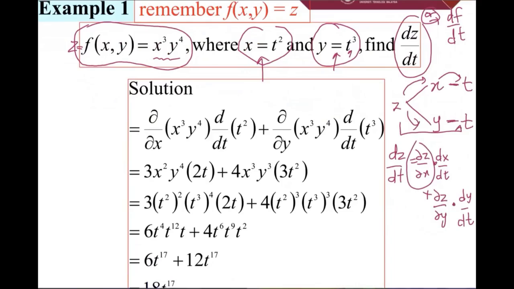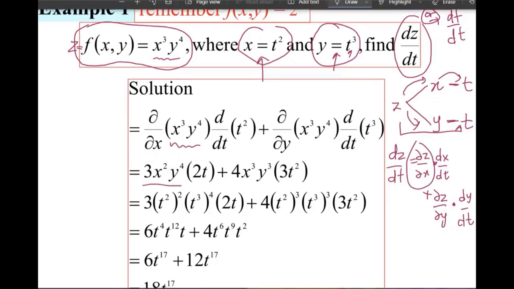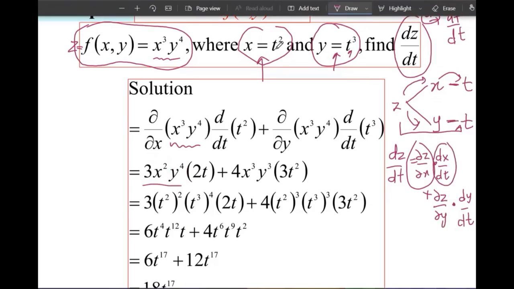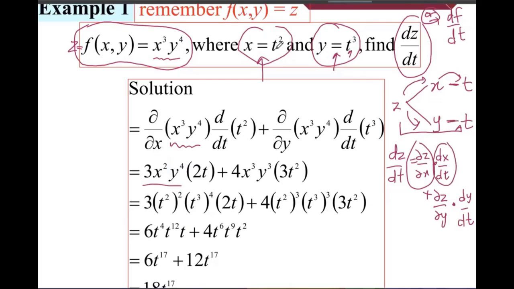First, del z del x. We have x cubed y to the 4. Differentiate z with respect to x, we will get 3x squared, and then y to the 4 is maintained. And then differentiate x with respect to t. x equal to t squared, dx dt, what do we get? 2t. And then plus del z del y.